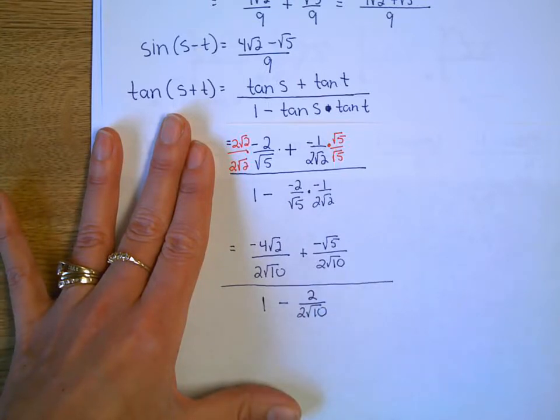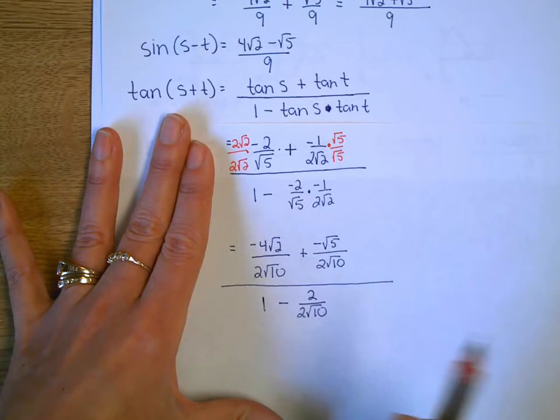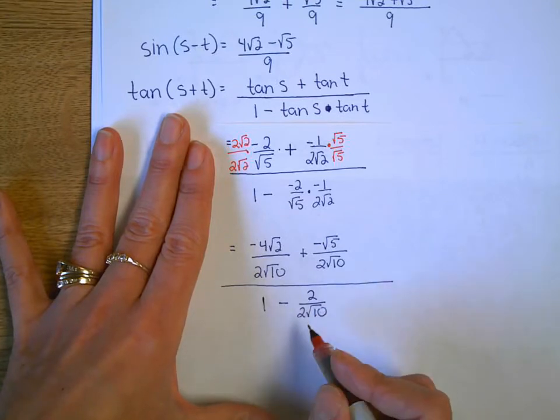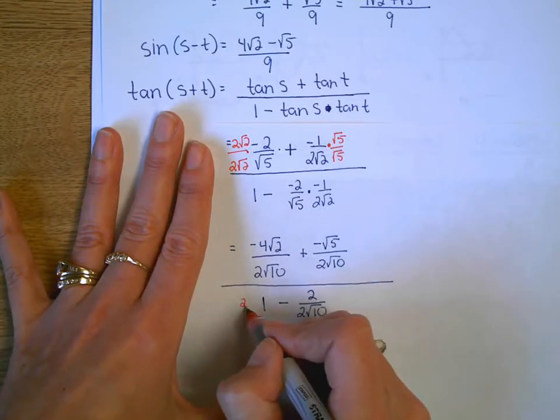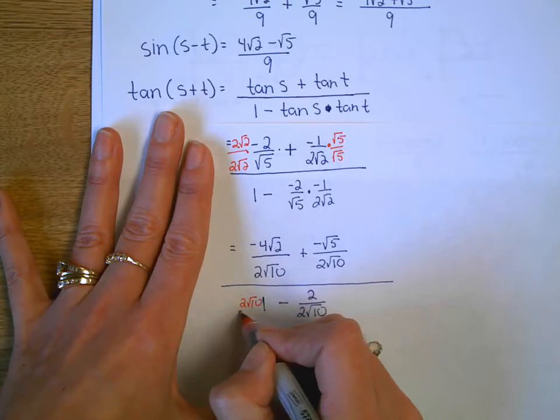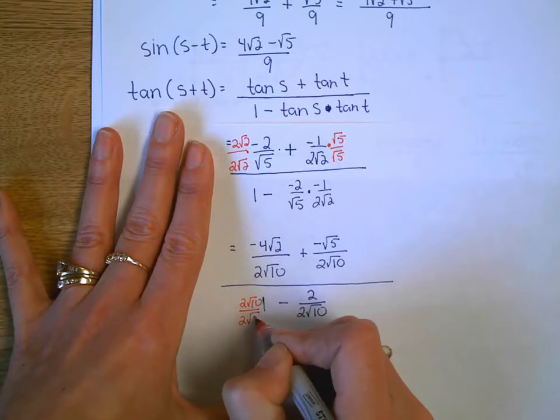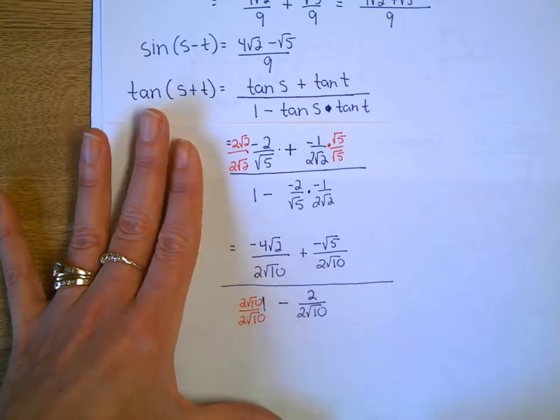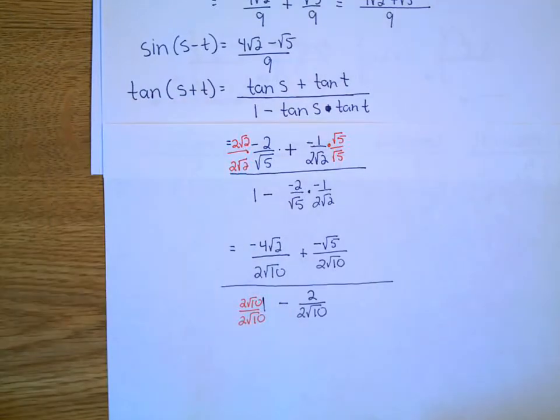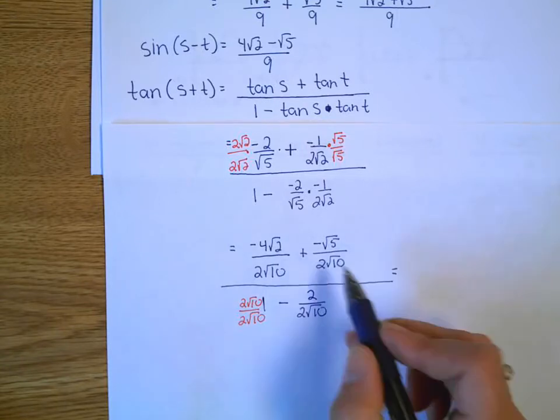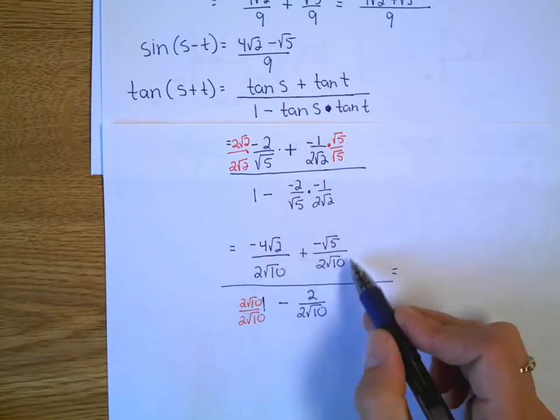So I'd like to get a common denominator down here. What can I turn this 1 into? 2 square root of 10 over 2 square root of 10. And we're just about there. I'm going to go horizontally here. Let's make a single fraction out of the top.